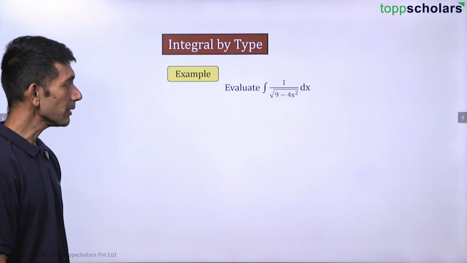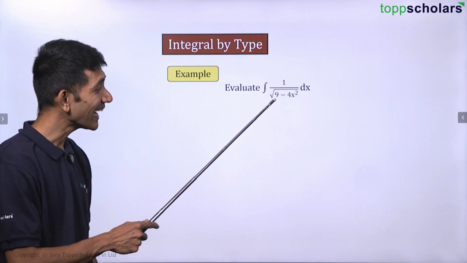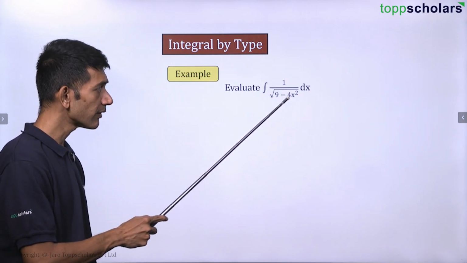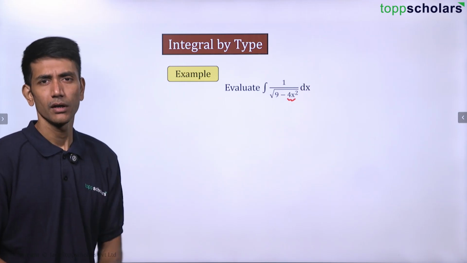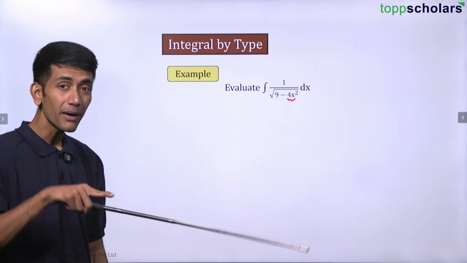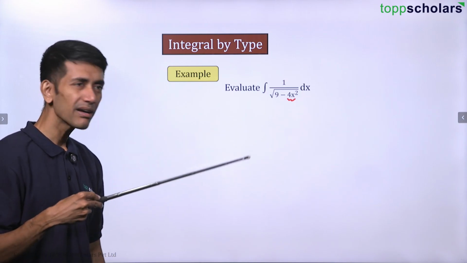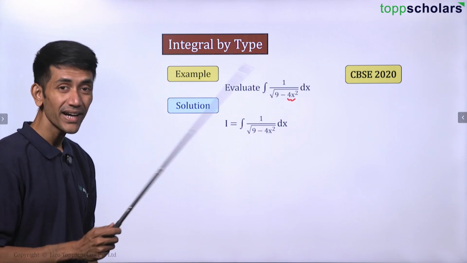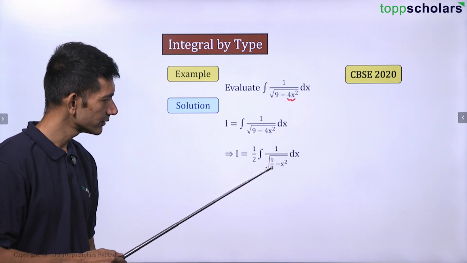Okay, let's continue further. So here is a new example: 1 by root of 9 minus 4x square. Firstly, we don't want 4. We want only x square. So we will divide by 4. So this will become under root 9 by 4 minus x square. Let us see how it looks.